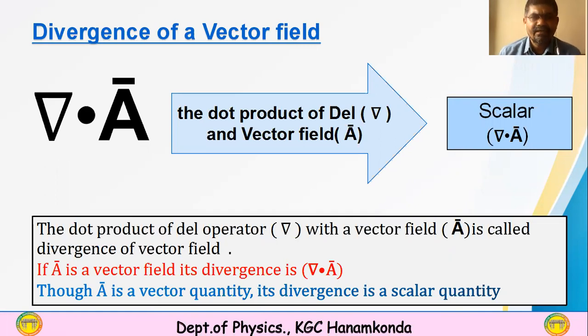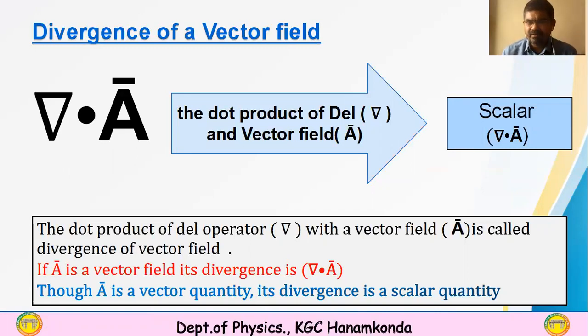Here, we are operating del operator with the help of dot product on a vector field, and we get a scalar quantity. Naturally, the dot product gives us a scalar quantity. Therefore, the dot product between operator del and a vector field is called divergence, which is a scalar quantity.